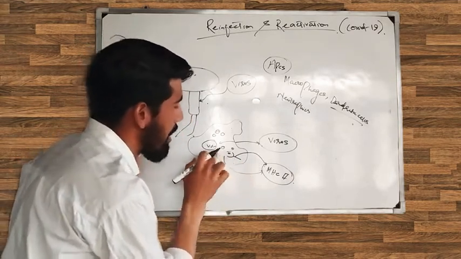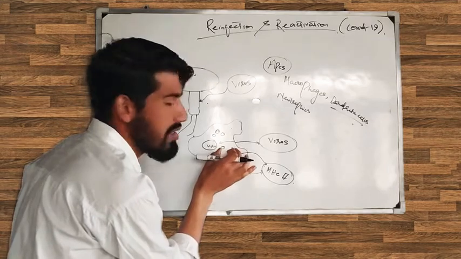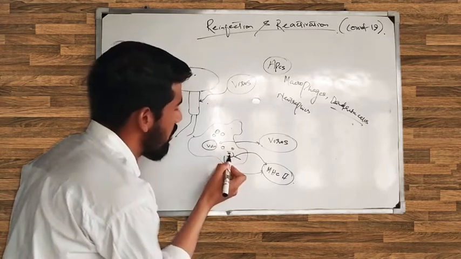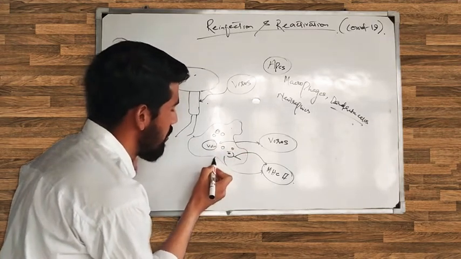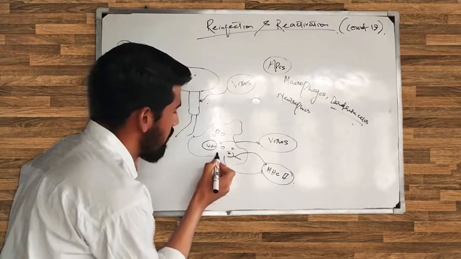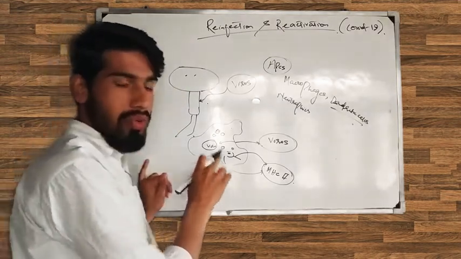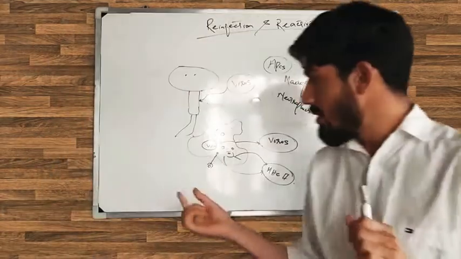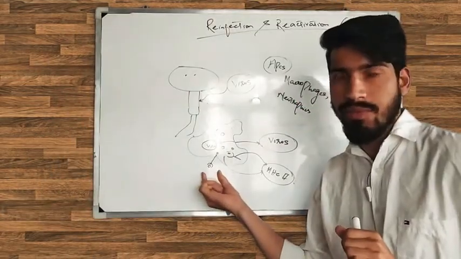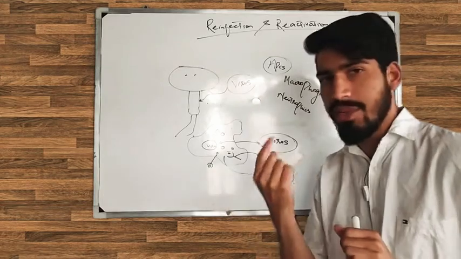The piece of the virus is loaded onto the MHC class 2, which shows to the rest of the body: this is a piece of the virus, a piece of the pathogen.